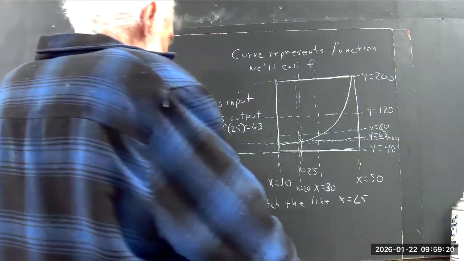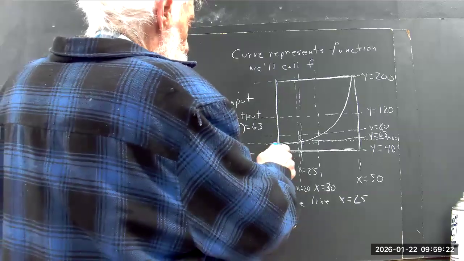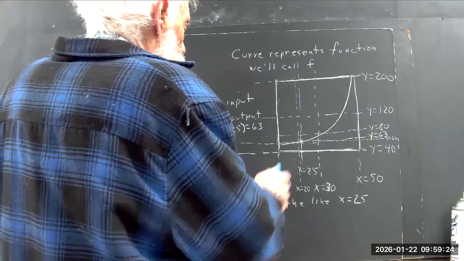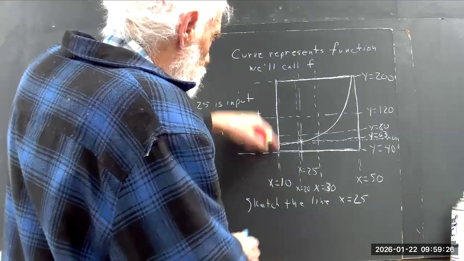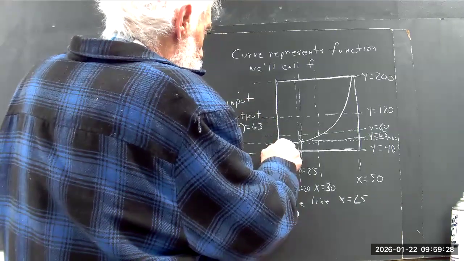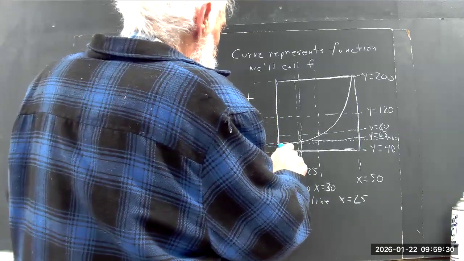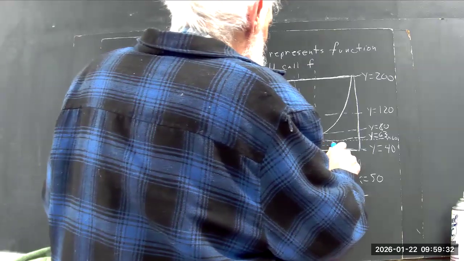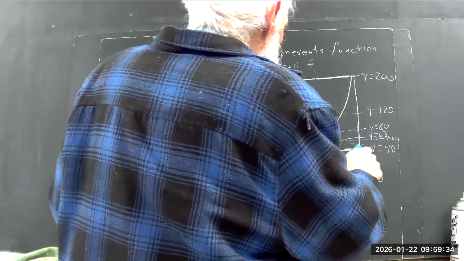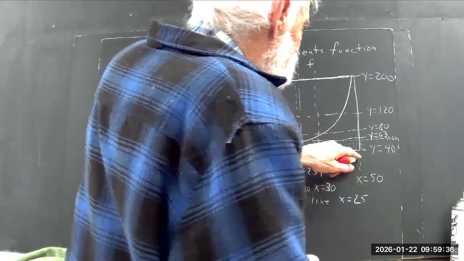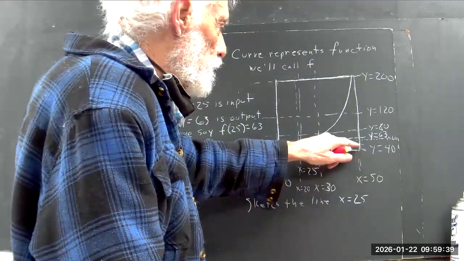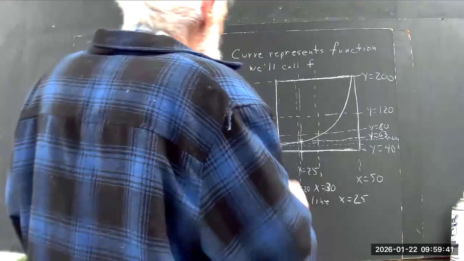Okay, so when x equals 10, if we take the vertical line x equals 10, make a mark here and project across here, we're going to be between 40 and 60, probably a little closer to 60.